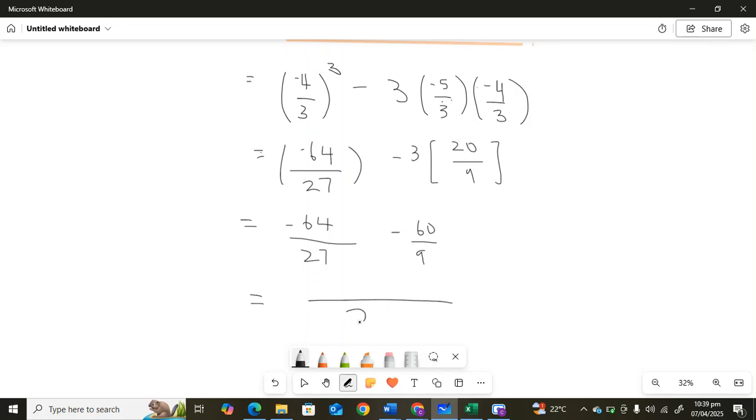Common denominator 27. So 27 divided by 27, that is 1. 1 times negative 64, that is negative 64. 27 divided by 9, that is 3. 3 times 60, that is 180, so minus 180.